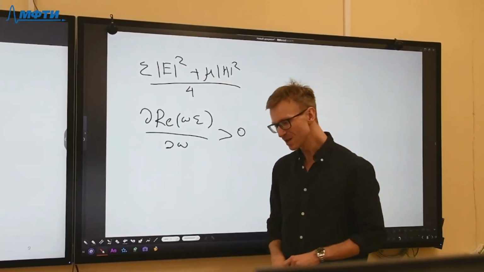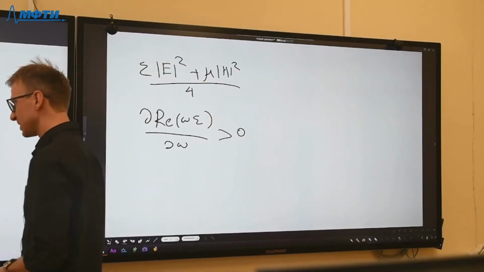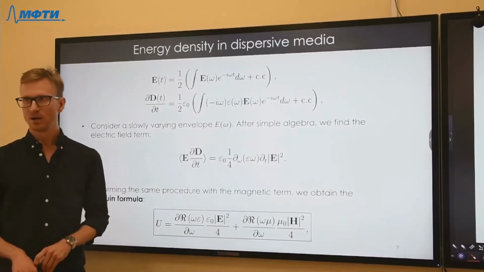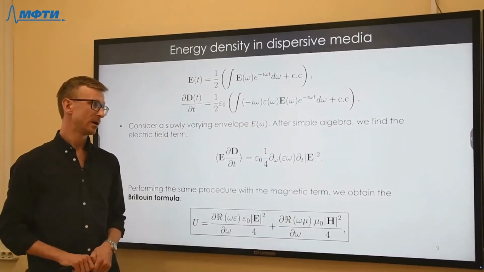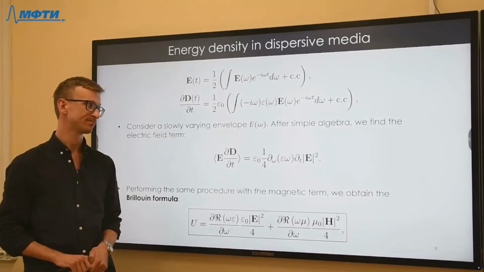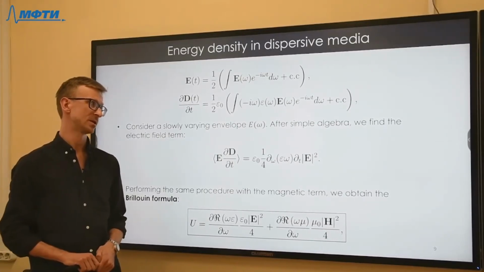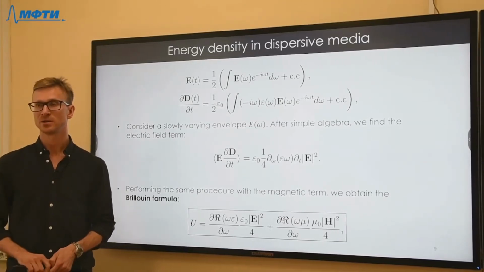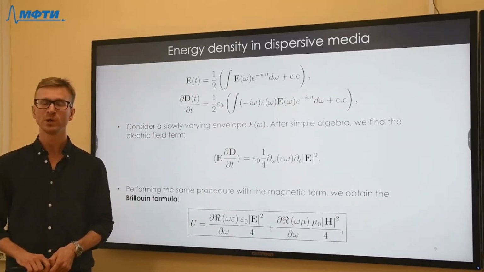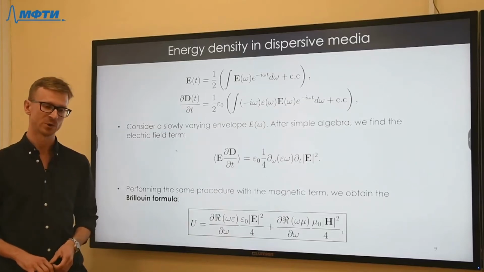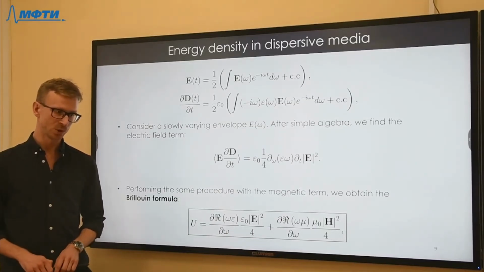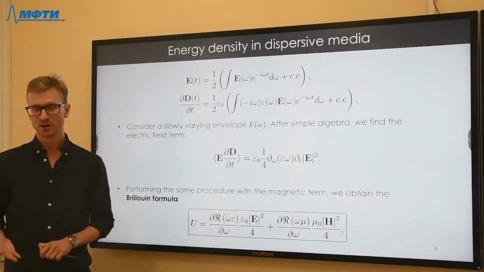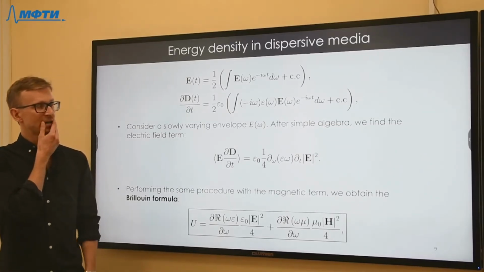Yeah, that's a good question. Far away from resonance. What you could say is that the criterion of weakly dispersive is that we are far away from a resonance. But what is the measure of being far from a resonance or close to a resonance, right?